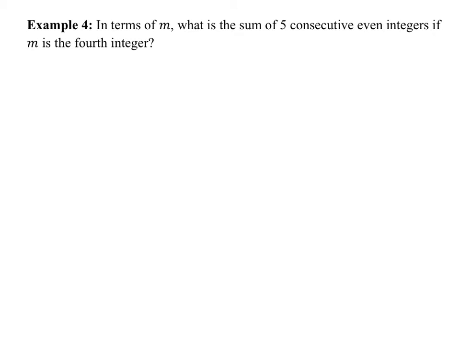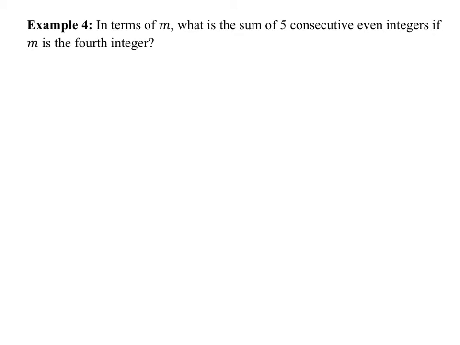I would go 1, 3, 5, 7, 9, right? How much would they differ by still? 2. So they still differ by 2. So the words odd or even have no significance except for the fact that the integers differ by 2. If it didn't say even or odd, if it just said 5 consecutive integers, it'd be n plus 1, n plus 2, etc.